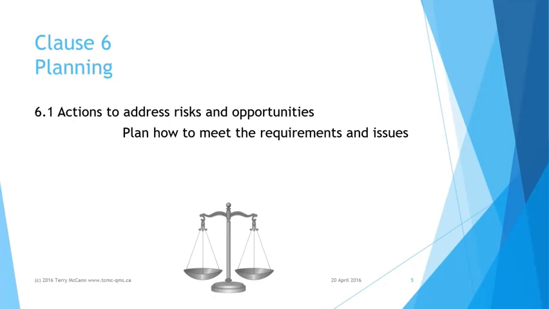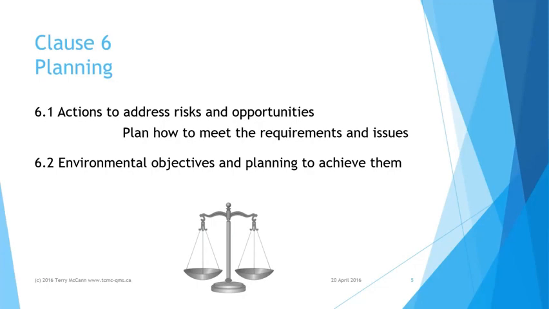Secondly, taking the organization's environmental aspects into account, Clause 6 requires that you set environmental objectives at relevant levels and functions, and to develop a plan of actions to achieve these objectives.